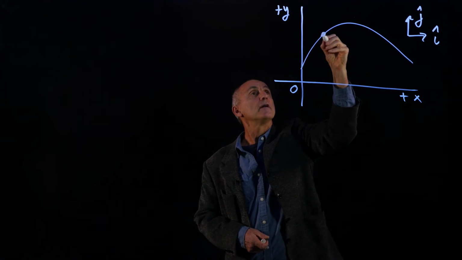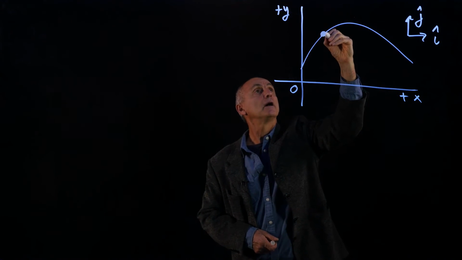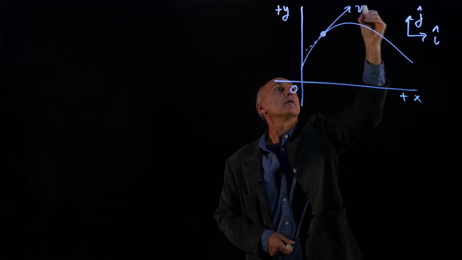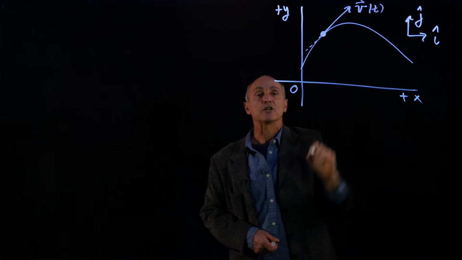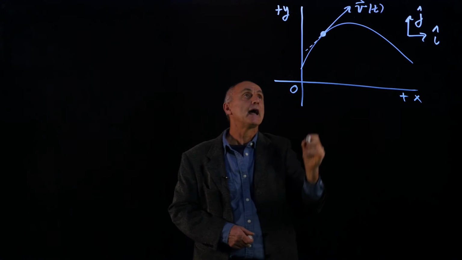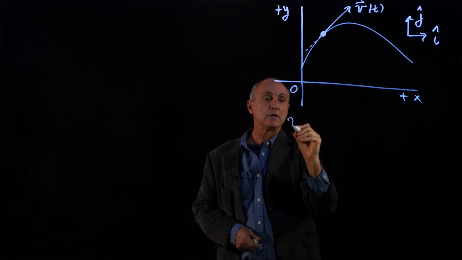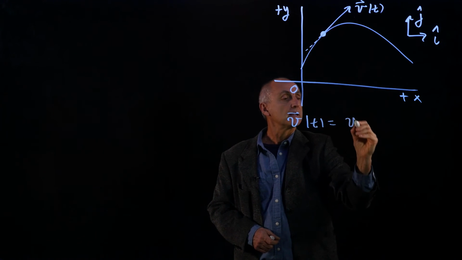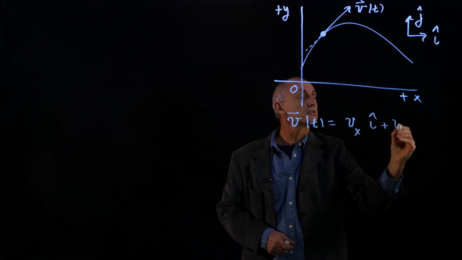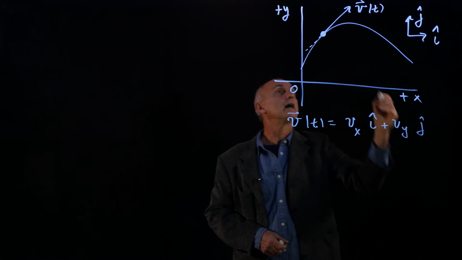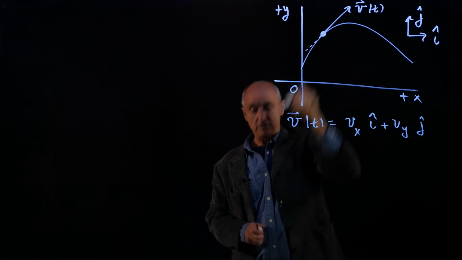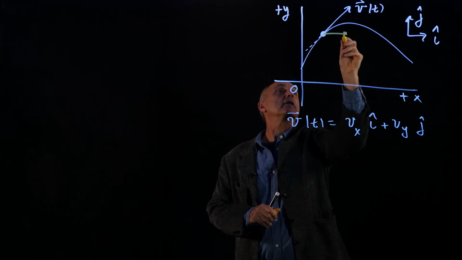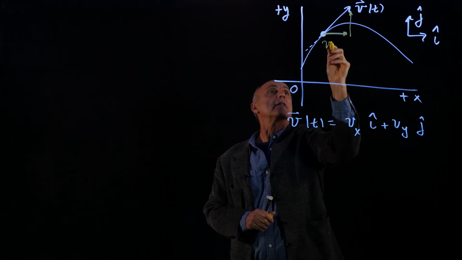We know that at this particular time, the velocity is tangent to this trajectory at that point. And now we'd like to describe, we've described its 2 components, vx and vy, as a vector. So if we did vector decomposition, we would write a vector like this and a vector like that.